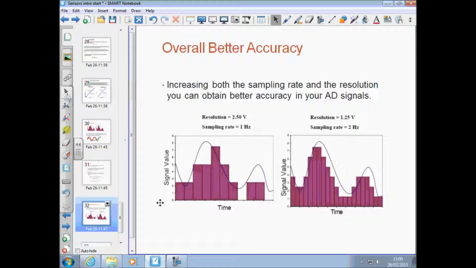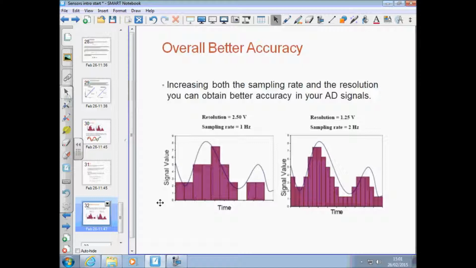I have a feeling that the Mitsubishi PLC analog to digital converters are 12 bits, I think. So 2 to the 12 is 4,096 steps.